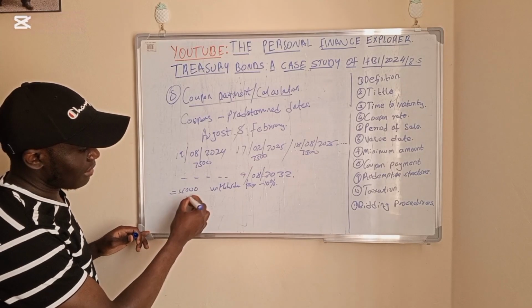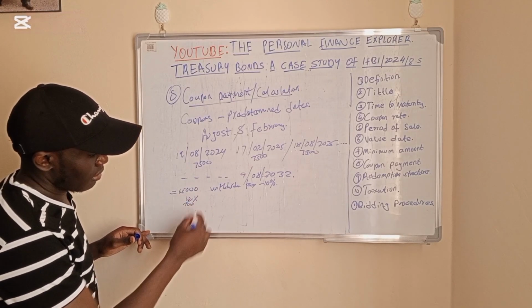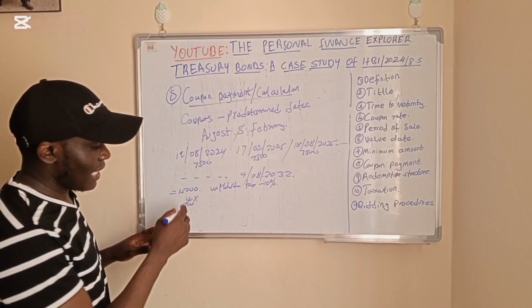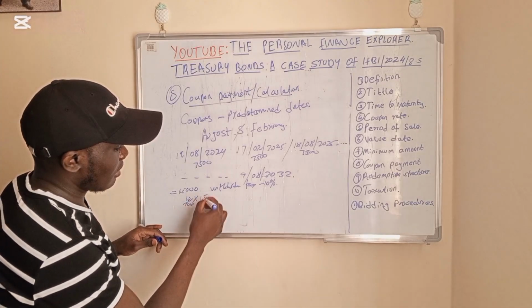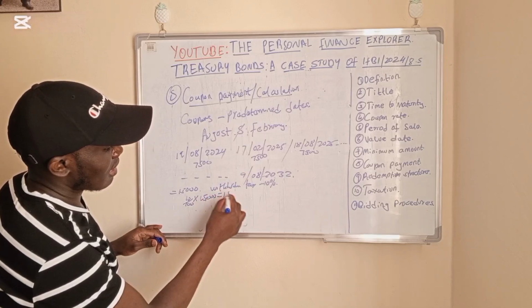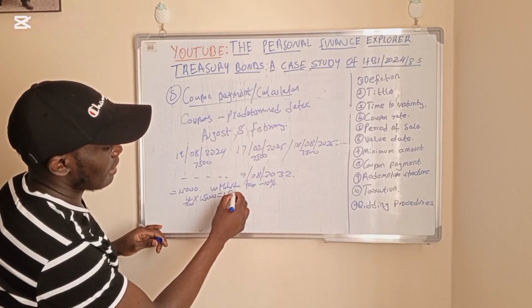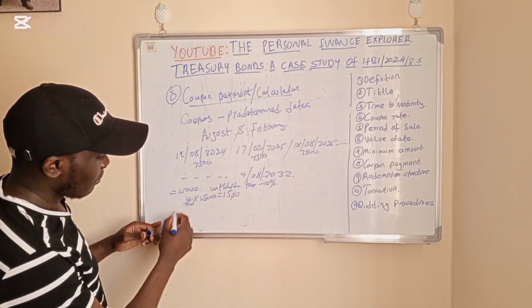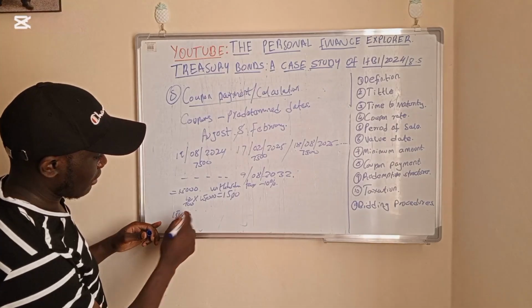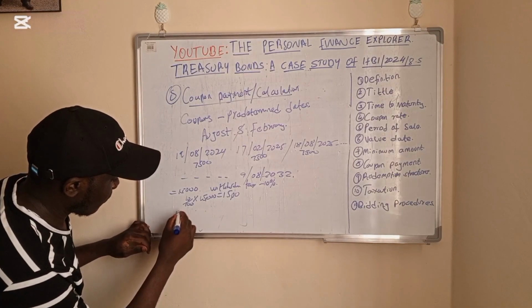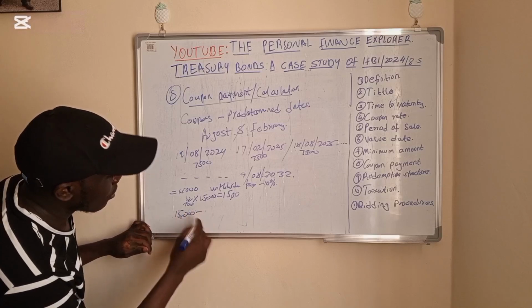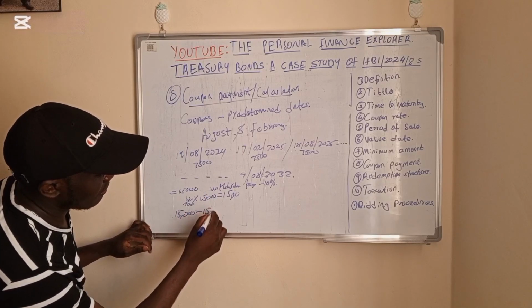So it means that from the 15,000 that you have earned per annum, 10% goes to tax. So what is 10% of 15,000? 10% of 15,000 comes to 1,500. So 15,000, you less the withholding tax 1,500.